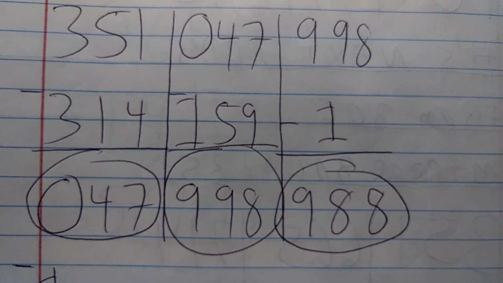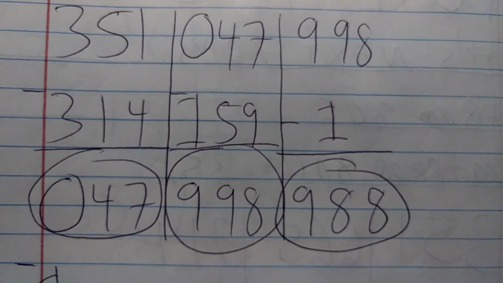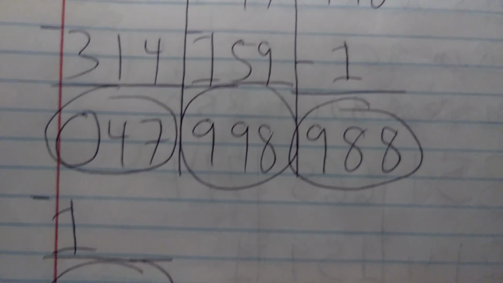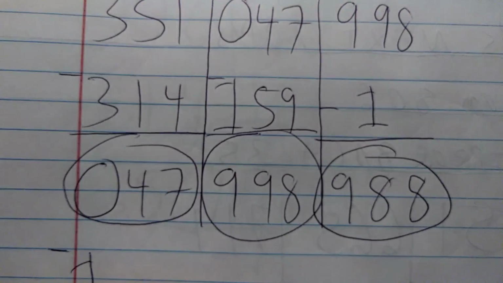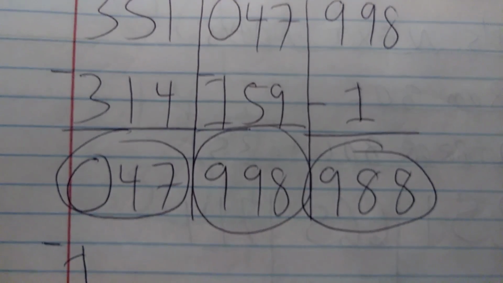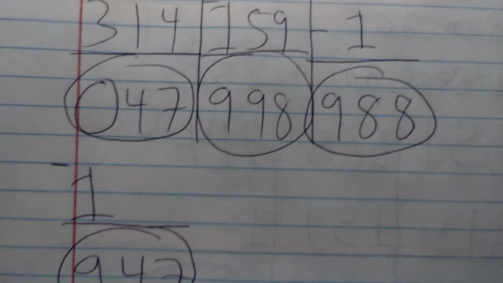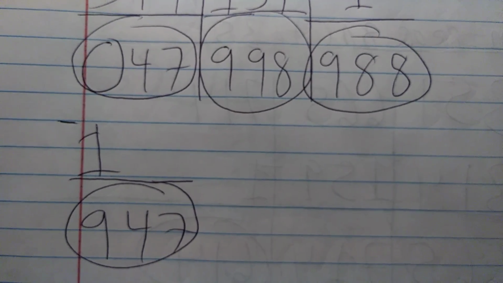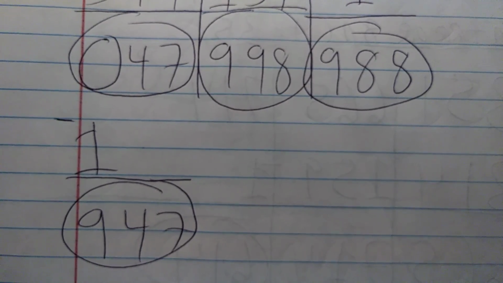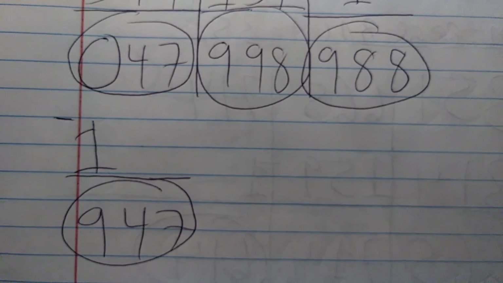You're going to also subtract off 1 from the middle 9 there, so that's 988. And from the 351 minus the 314, you're going to minus 1 off the 0 and 047, and that's 947.